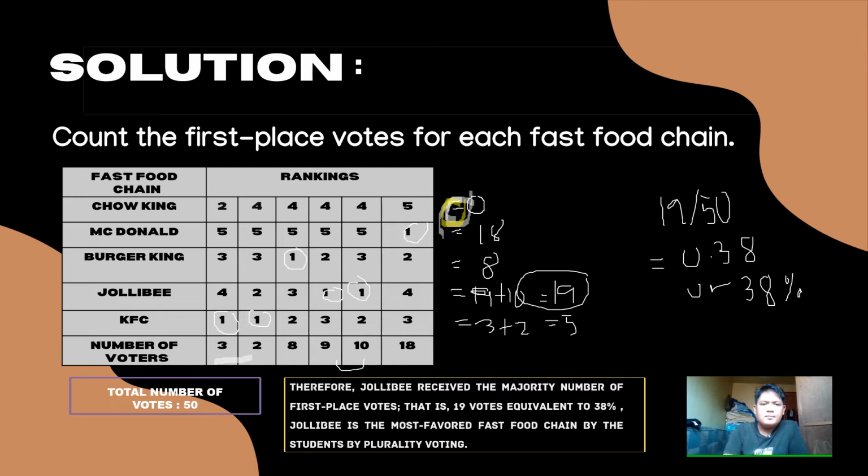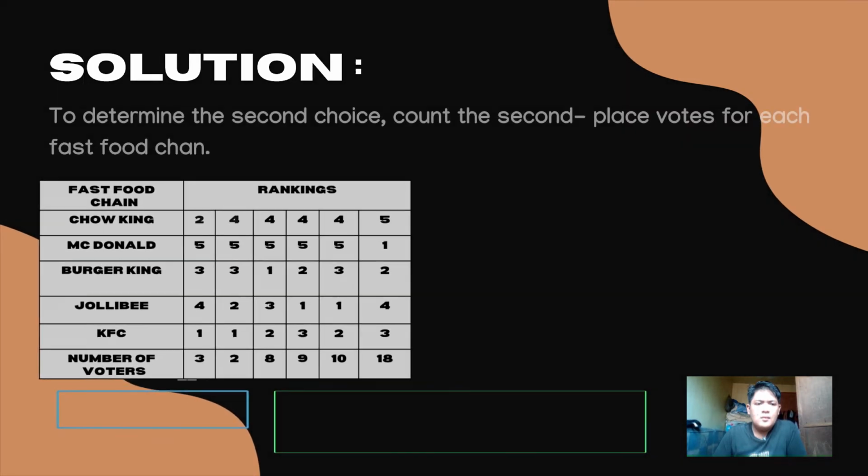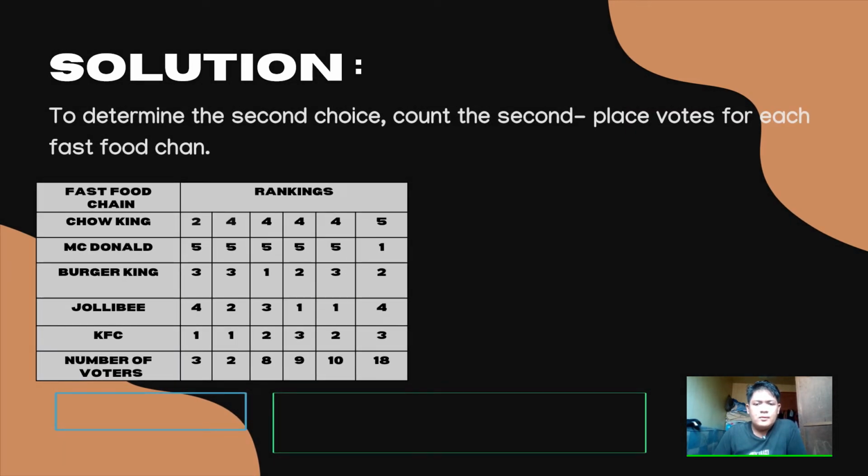Next, to determine the second choices, count the second place votes for each fast food chain. So we need to get the second choice among the fast food chains.